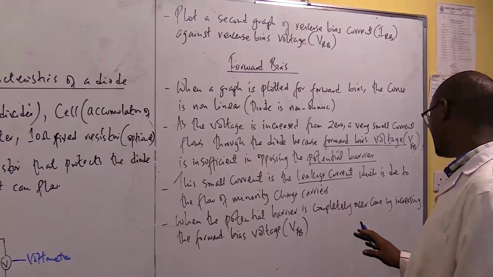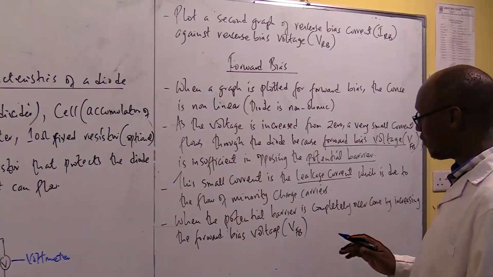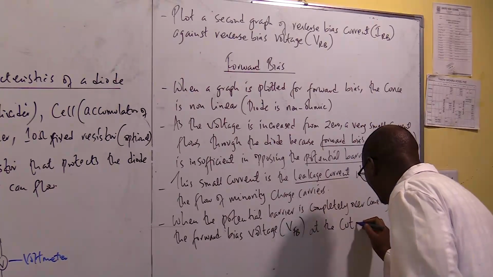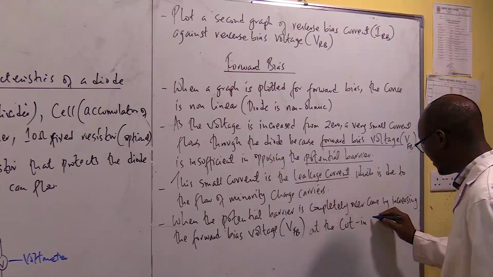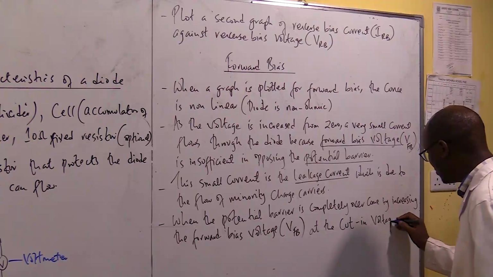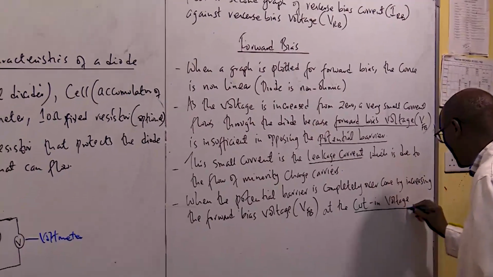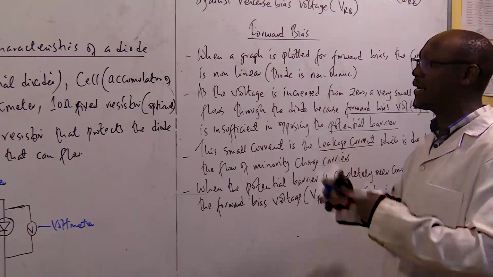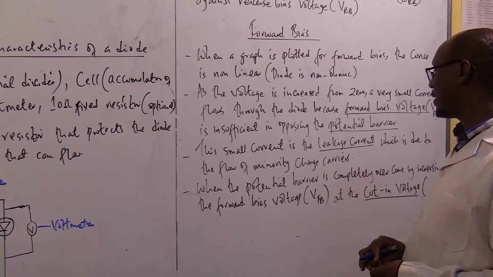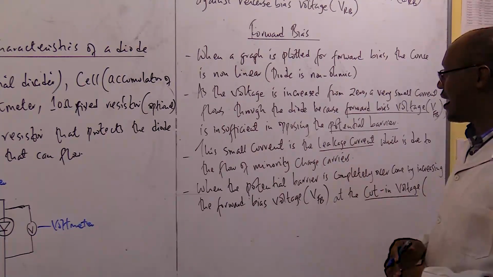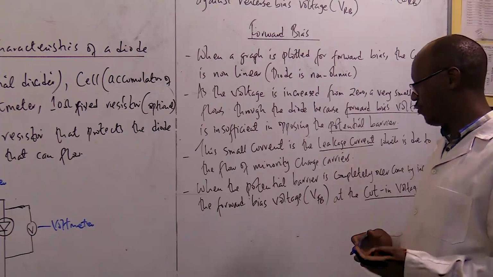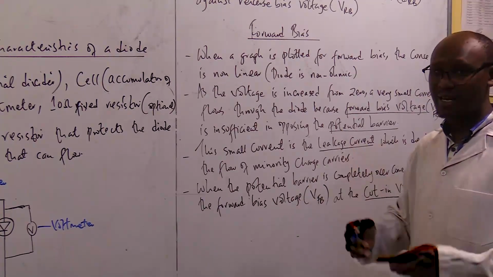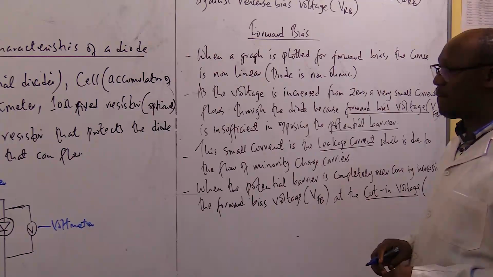So when that is completely overcome by the forward voltage, at the cut-in voltage, you will see your diode beginning to conduct, and a lot of current will be flowing to the extent that your milliammeter will be recording a significant amount of current.